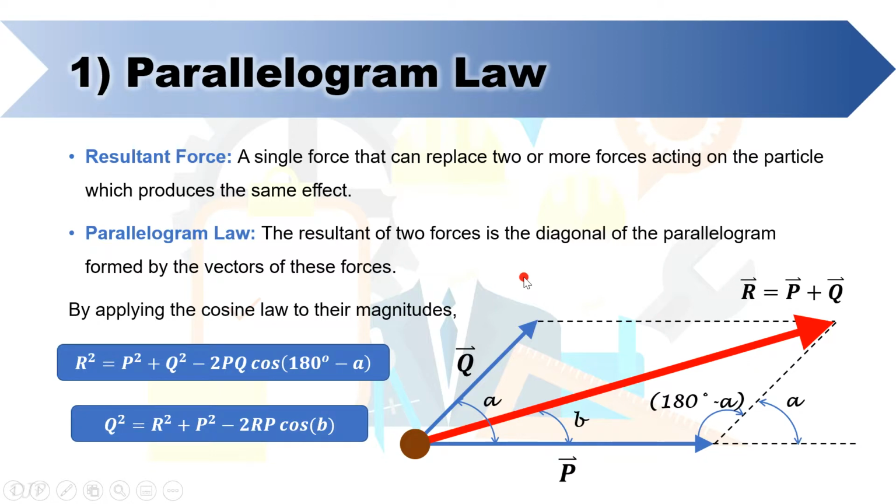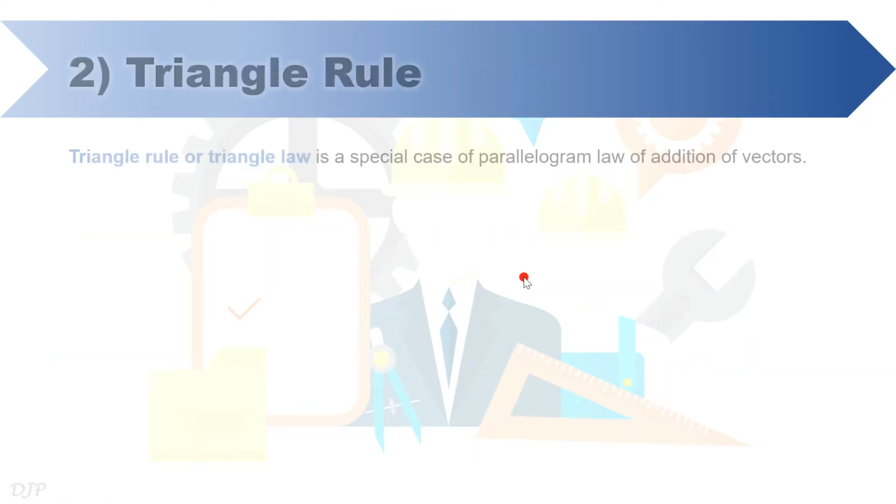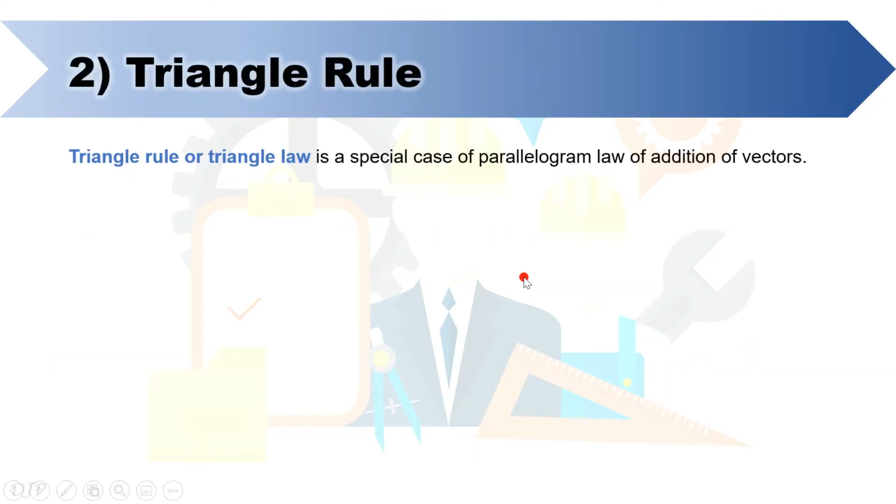The next method of adding vectors is by triangle rule or triangle law, which is just a special case of parallelogram law. However, the procedure of solving the resultant by triangle rule has some differences from parallelogram law.